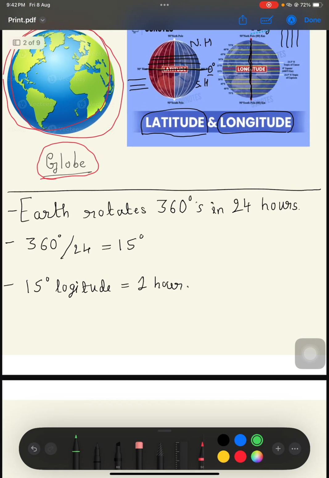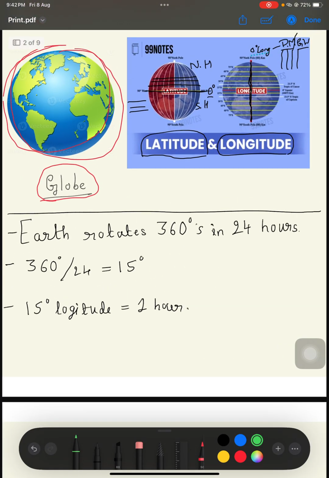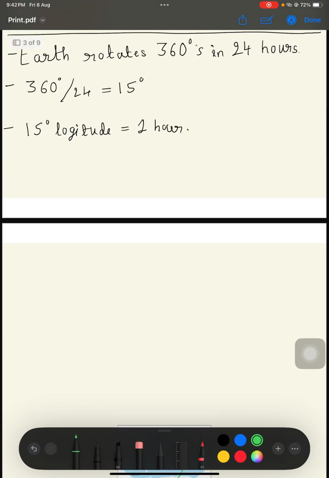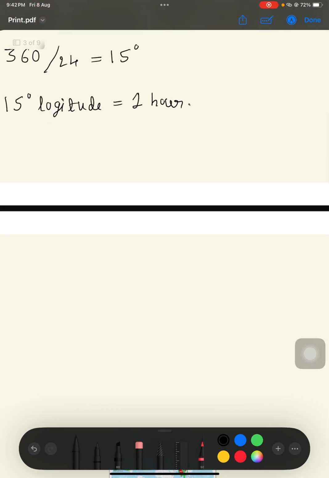And everyone knows about rotation and revolution. If you don't know about rotation and revolution, just see here. This is the sun. This is our earth.